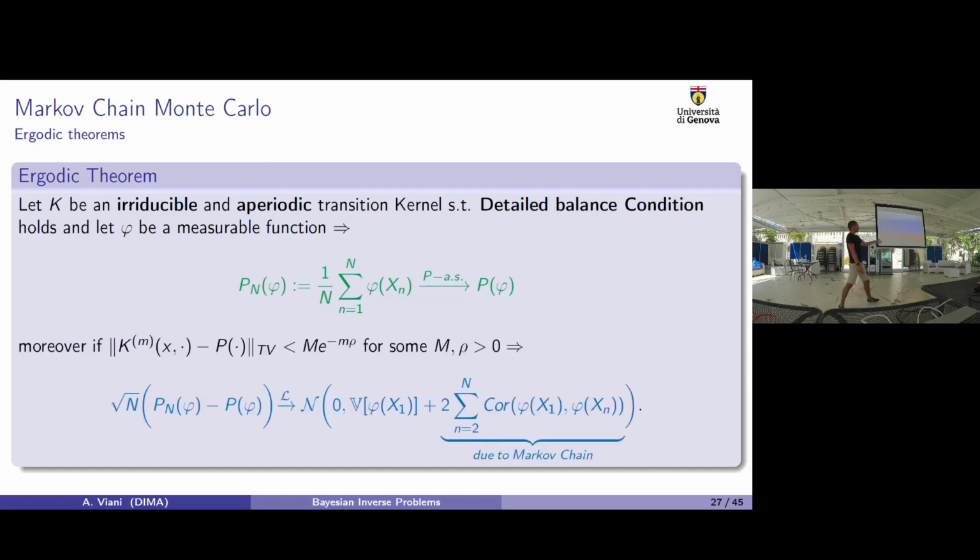And of course, this is the classic central limit theorem with independent random variables. These are not independent. In fact, sometimes this is not called the central limit theorem, but the central limit theorem for Markov chains, because there is this term that depends on the correlation between the random variables.